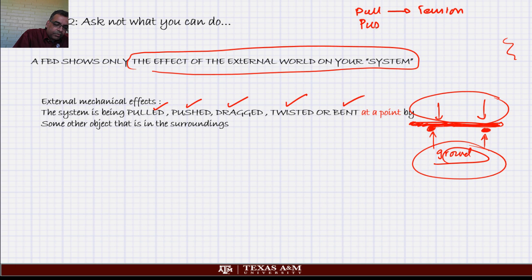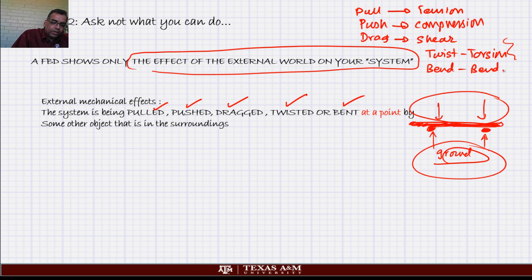The technical name for push is compression. The technical name for drag is shear. The technical name for twist is torsion, and the technical name for bend is bending.